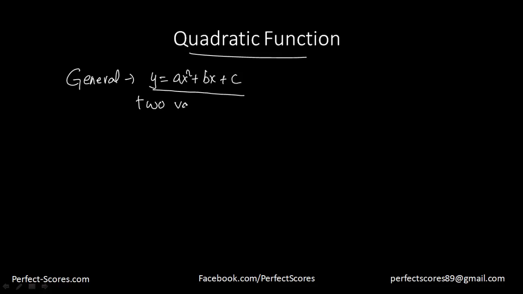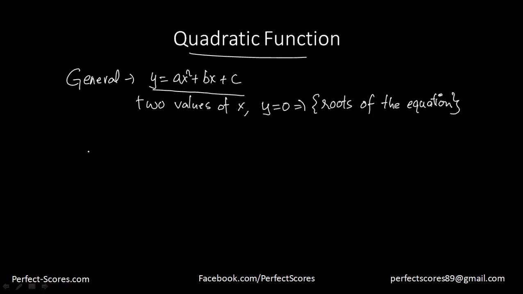There would be two values of x that will give the value of y equal to 0. So in mathematical language, these are called the roots of the equation. The roots of the equation are the values of x when the value of y is equal to 0.